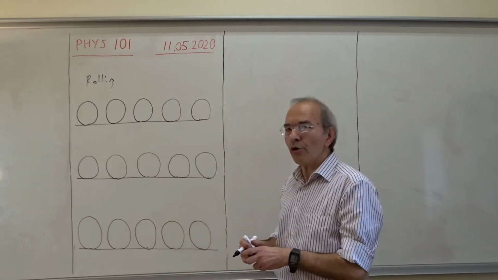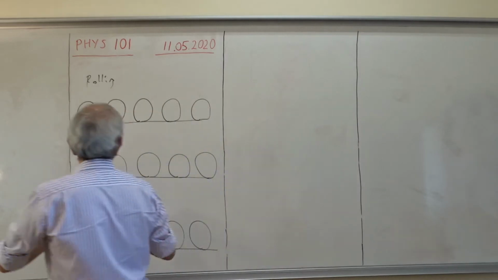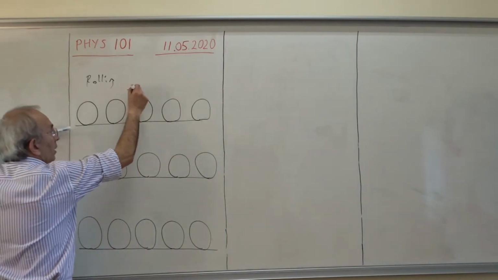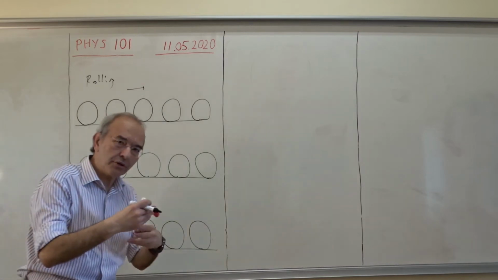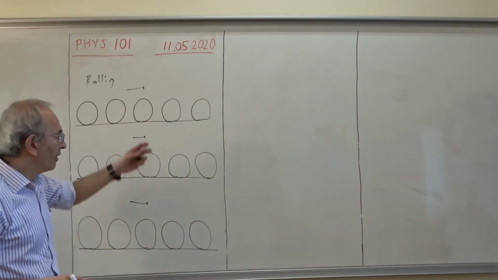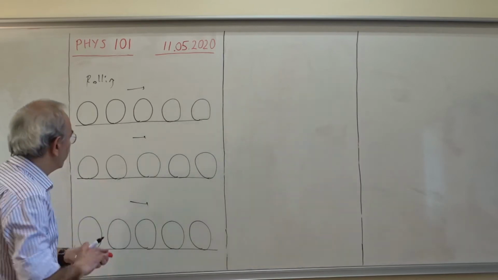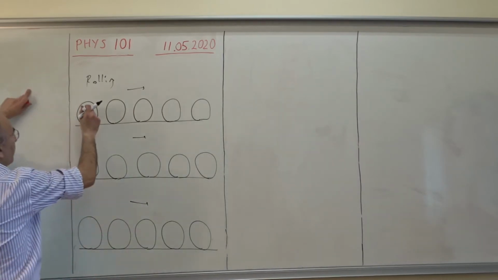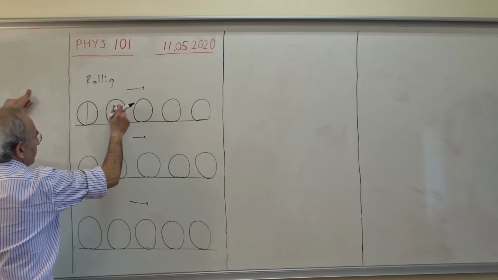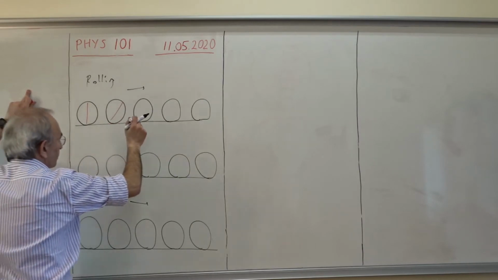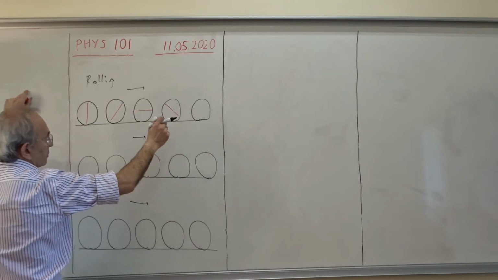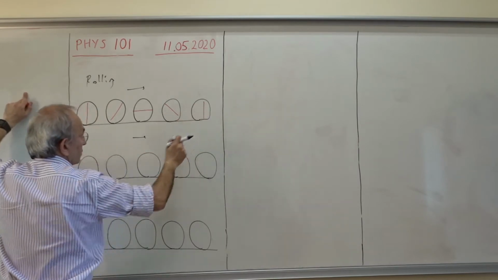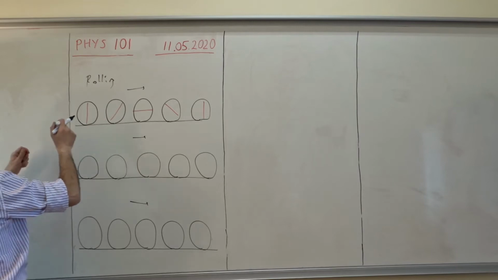So the object is moving. In all cases, this disk is moving to the right. On the one hand, it is turning. On the other hand, it is moving. But there are slight differences. Let's say in the first one we have, for instance, AB.